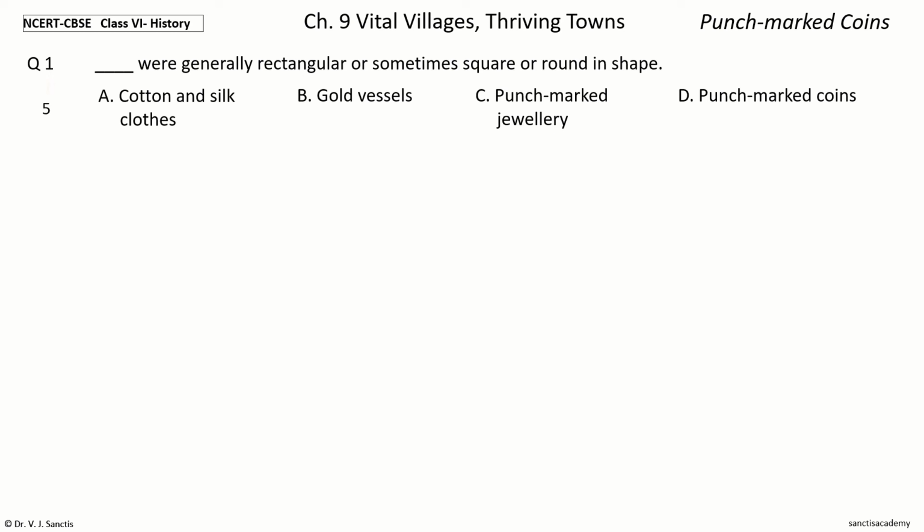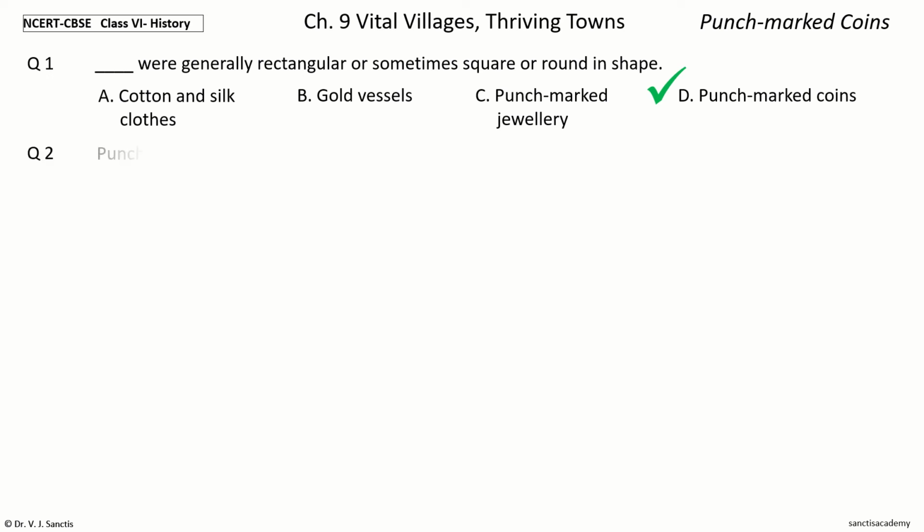Your time to choose. And the answer is punch-marked coins. So, punch-marked coins were generally rectangular or sometimes square or round in shape.